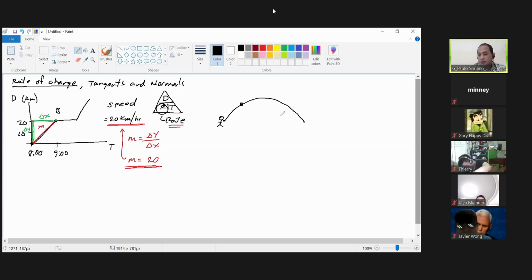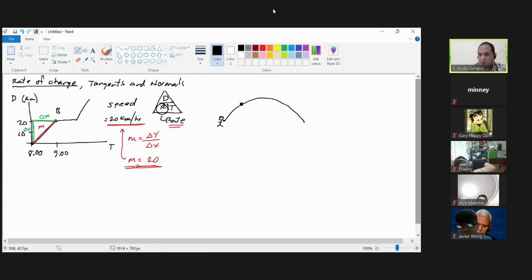When something is moving, it must have speed. And if it has a speed, then it has a gradient. Can you follow the logic?